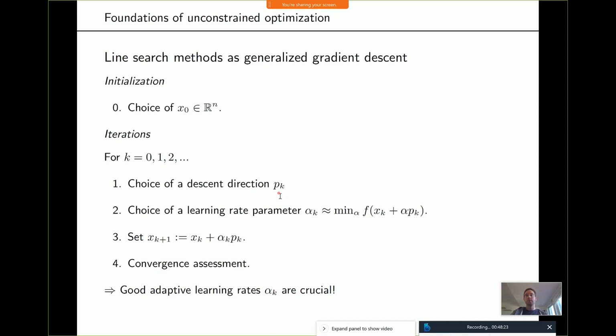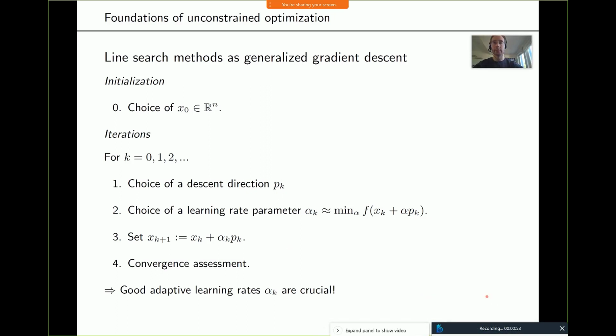So this is the general set of line search methods, and if you look into the books, you will find that there are many different line search methods, and in the end it makes sense to tailor a specific optimization method to a specific problem. But the first big group of optimization algorithms that we've now discussed is gradient descent as a special case of line search methods.